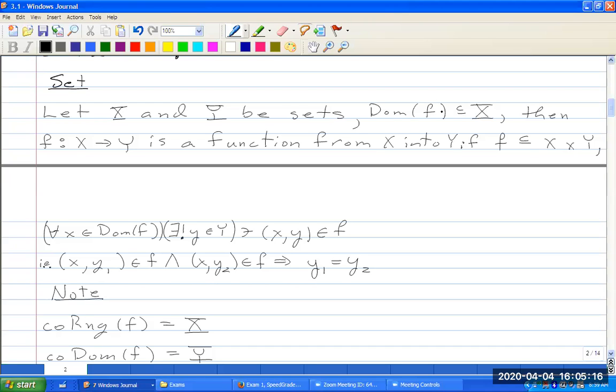So let this be a subset of X. Then F mapping X to Y is a function from X into Y if F is a subset of the Cartesian product between X and Y.